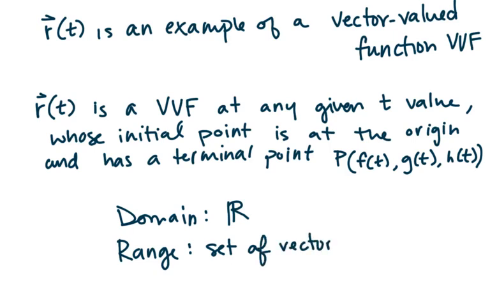So the domain will be all real numbers, and then our range is this set of output vectors that give us clues about the particle's position, direction, orientation, etc. at a specific time t.